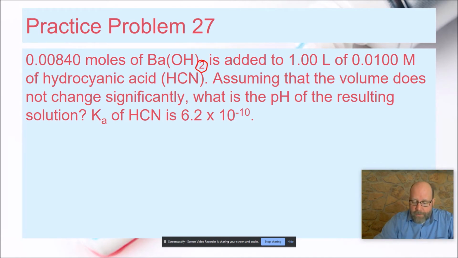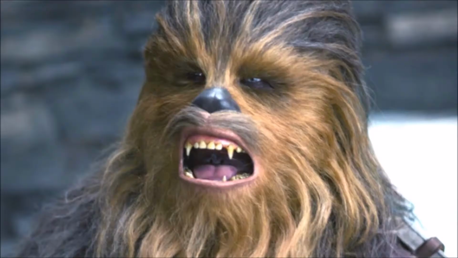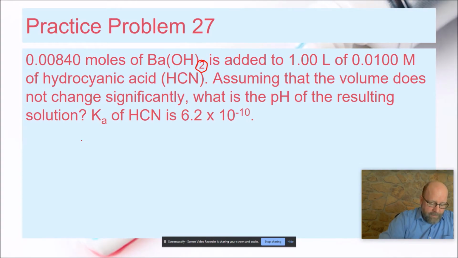And then I'm adding this solid to 1 liter of this 0.01 molar solution of hydrocyanic acid. And, well, you know what? This is why you want to start with a Chewbacca table every time. I think it's not a bad idea every time to at least help you start thinking about this properly, to put a Chewbacca table in here.